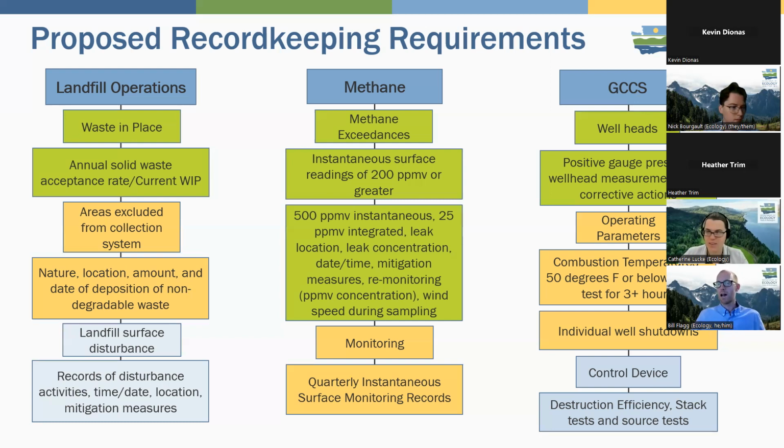Same applies to individual wellhead shutdowns: the reason for the wellhead shutdown and how long it was shut down for. For enclosed flares, we're looking at any combustion temperatures 50 degrees below the required operating standards, and if this exceeds 3+ hours of these flares operating at that temperature.